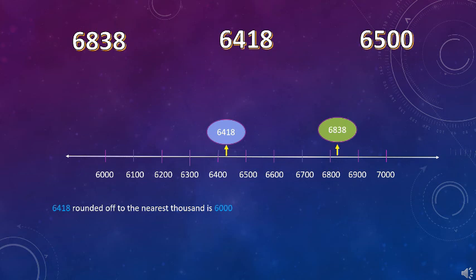Hence, 6838 rounded to the nearest thousand is 7000. Now let's round off 6500. Since 6500 lies halfway between 6000 and 7000, therefore, 6500 rounded to the nearest thousand is 7000 by convention.